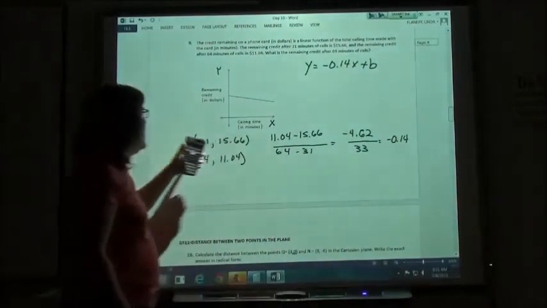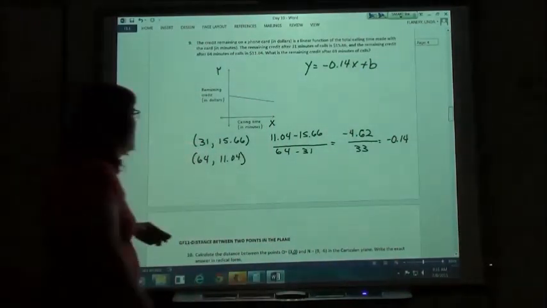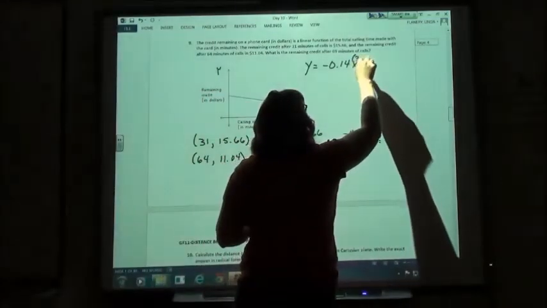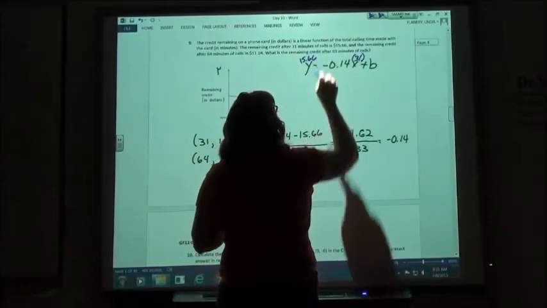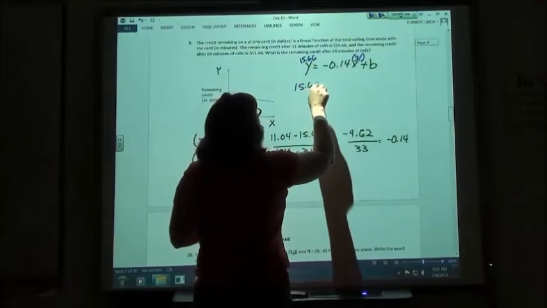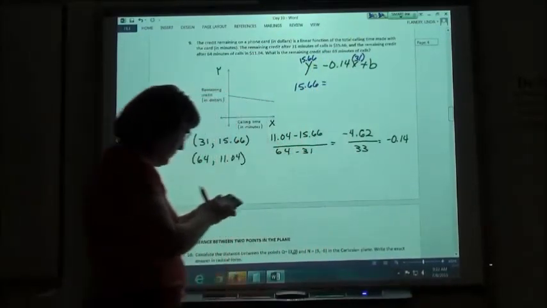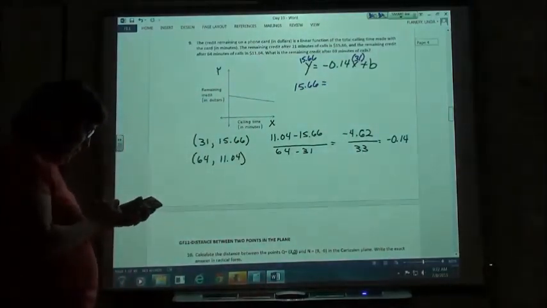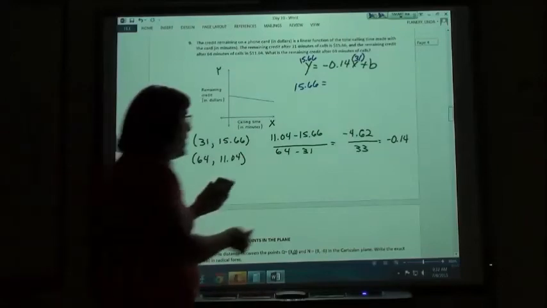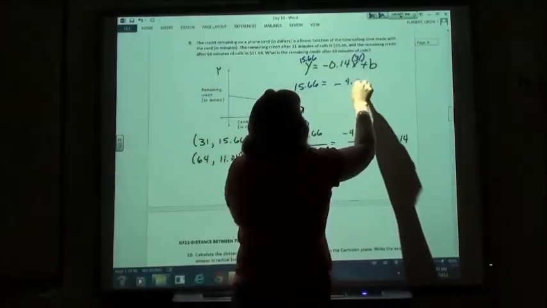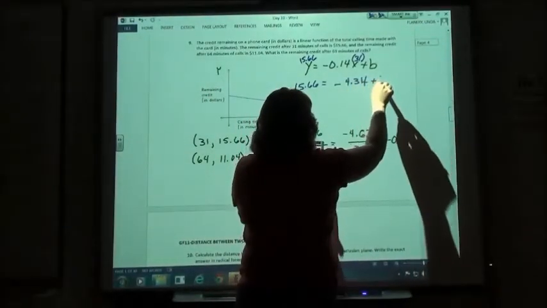Again, I'm going to go back and use one of my points. I'm just going to use the top one here, 31 in for the x, gave me 15.66 for my y. So 15.66 is equal to negative 0.14 times 31, negative 4.34 plus b.